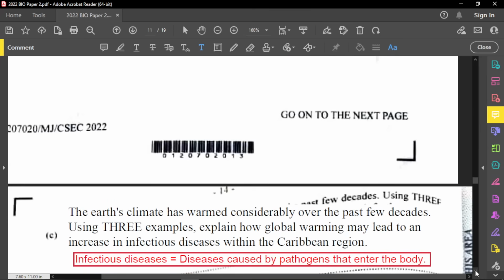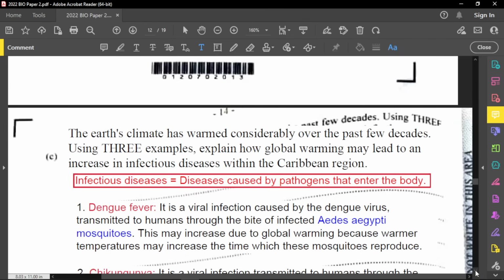For the next part of the question, it says that the Earth's climate has warmed considerably over the past few decades. So this considerable increase in temperature will be very important. They say, using 3 examples, explain how global warming may lead to an increase in infectious diseases within the Caribbean region.